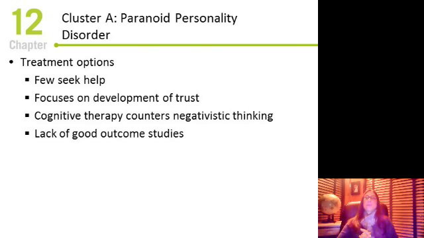So if someone came in and told me, or I kind of figured out, or they came right out and told me that they do not trust anyone, I would do cognitive therapy. I would try to help them think about the people in their lives that are trustworthy, that they can trust, that have never given them a reason to doubt them, right? These are the things you want to try to do to help them.